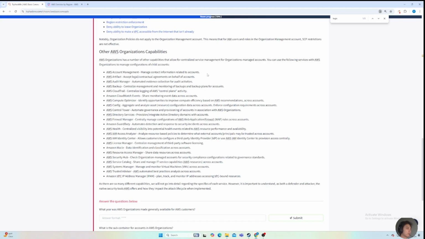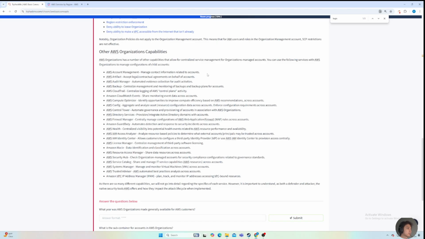AWS GuardDuty, automates detection and response to security incidents across accounts. AWS Health, centralized visibility into potential health events related to AWS resource performance and availability.